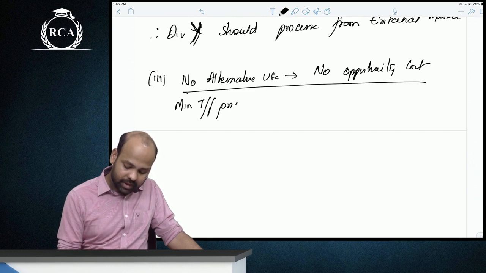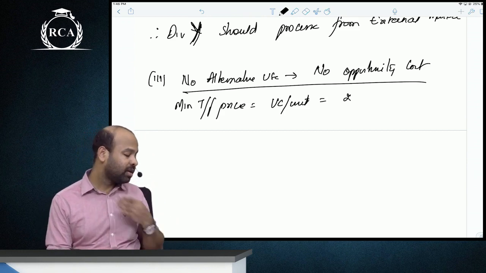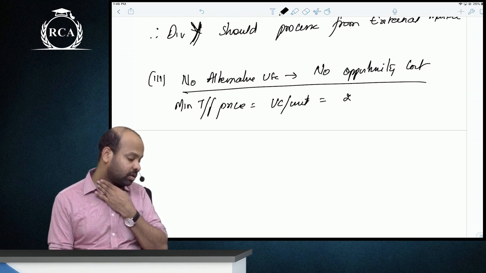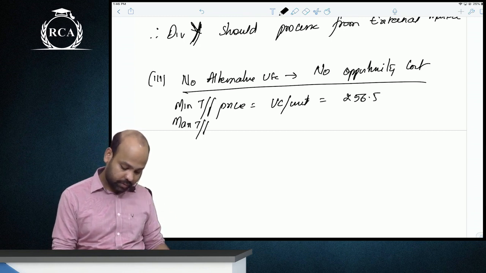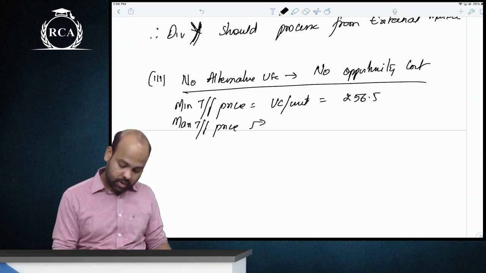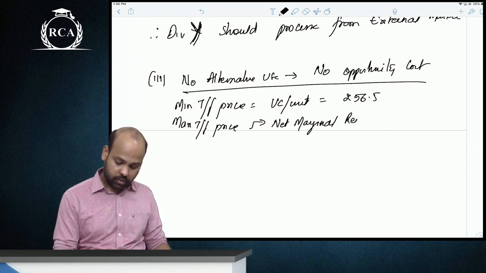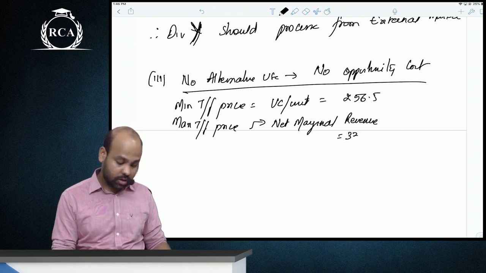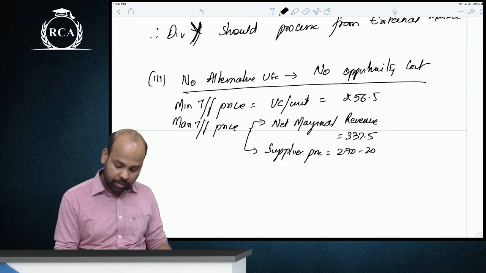Minimum transfer price is equal to variable cost per unit, which is 256.5. Maximum transfer price will be your net marginal revenue, 337.5. Supplier price, though it was 270, is now dropping by 20.25, so it is 249.75.